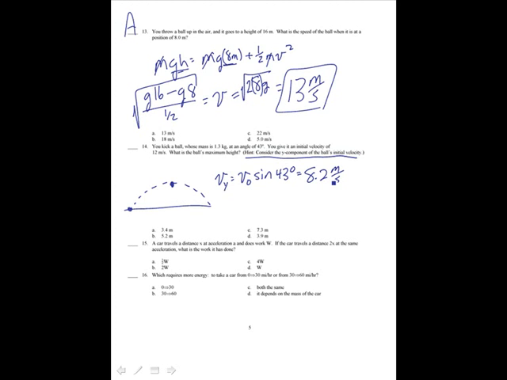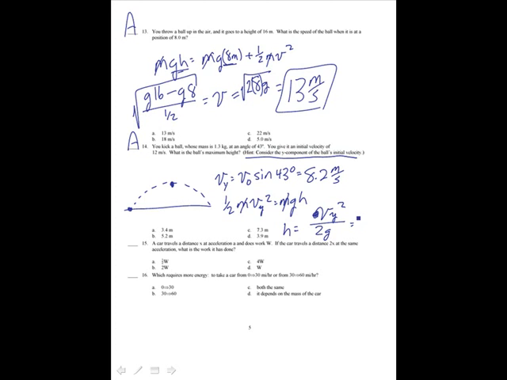All the energy that's due to that speed is going to go into potential energy. So 1/2 m vy squared is equal to mgh. Then I solve for h. So h is equal to vy squared over 2g. That is 8.2 squared divided by 2 and divided by 9.8. I get 3.4 meters. That's A.